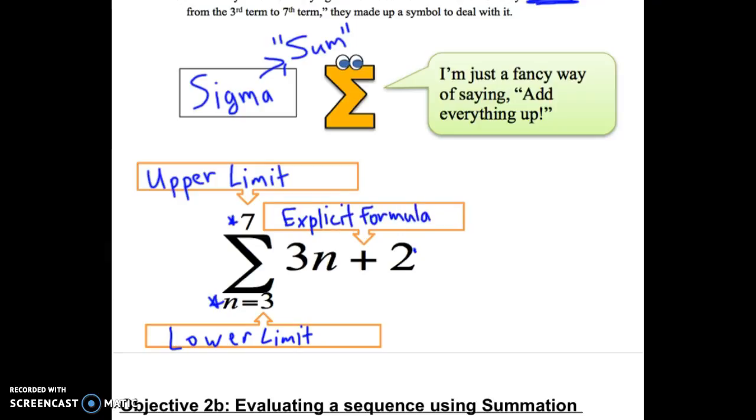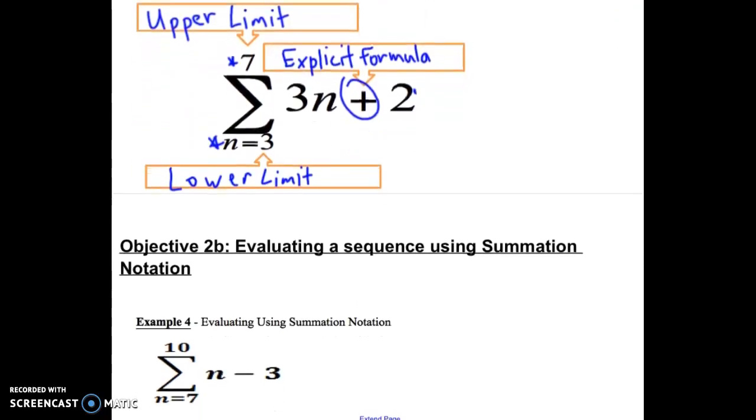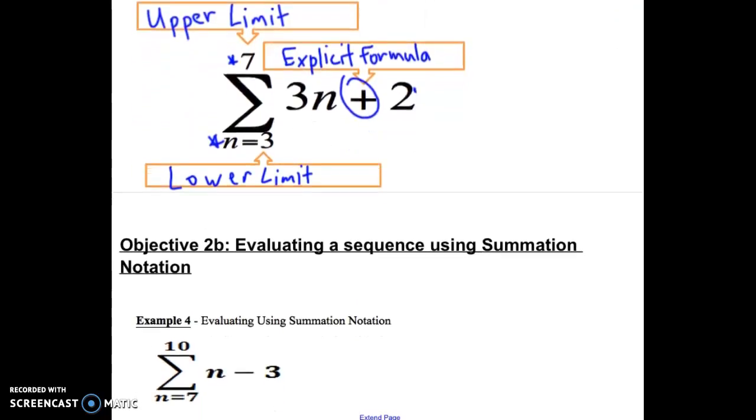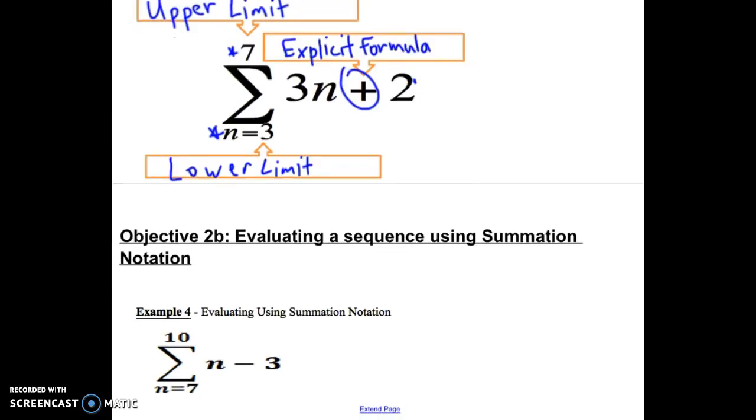This helps me to know which sum formula to use, arithmetic or geometric. Because of this plus right here, this would tell me that this is an arithmetic sequence. So I use the arithmetic sum formula. And that is what sigma is. So the main thing to remember, anytime you see this big looking E thing, you're going to know that it's just telling you to find the sum of the sequence.